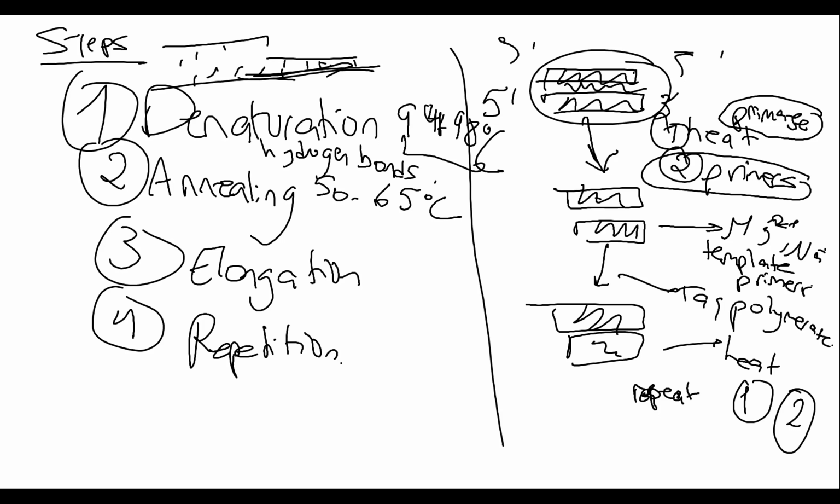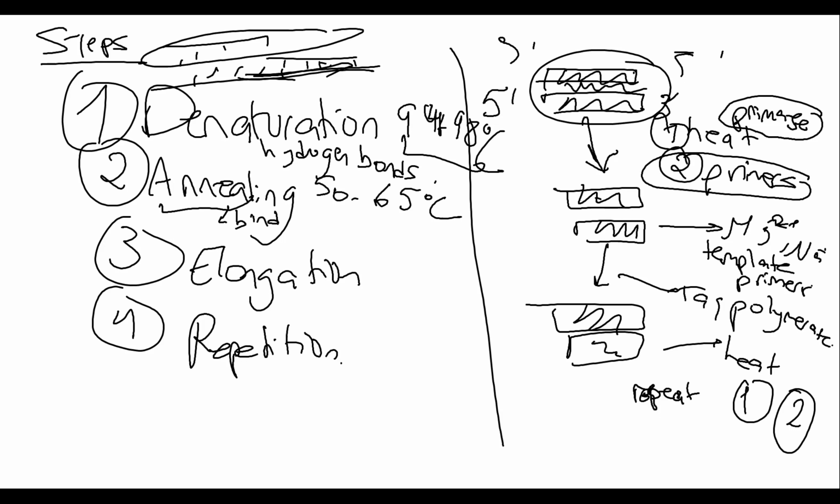Because the primers can only bind on a cool temperature. However, the primers cannot bind on a high temperature. So what happens? We have to cool it down to allow the primers to bind. What does anneal mean? Anneal means binding. To their complementary sequences on the single-stranded DNA. We usually amplify a single-stranded DNA and not a double-stranded DNA.